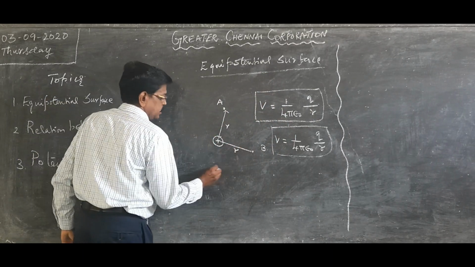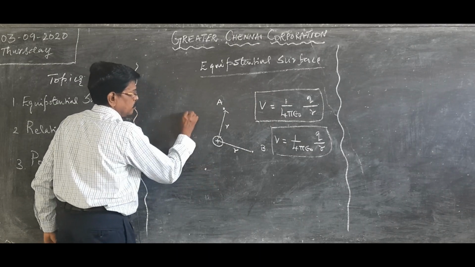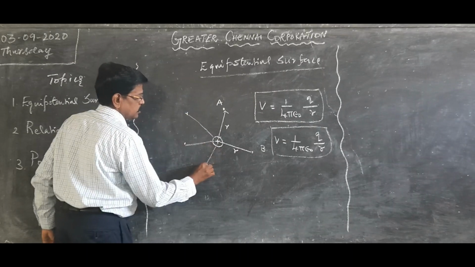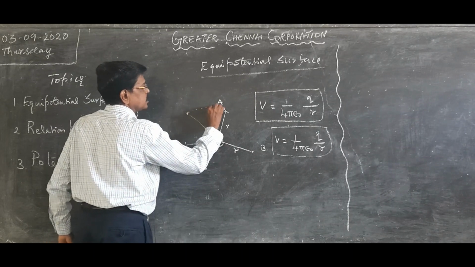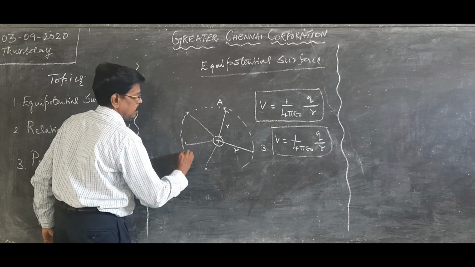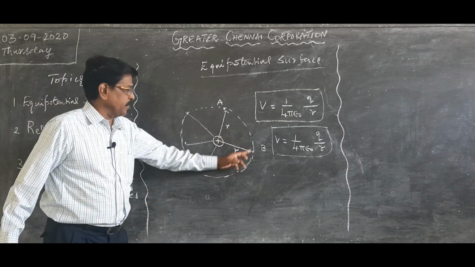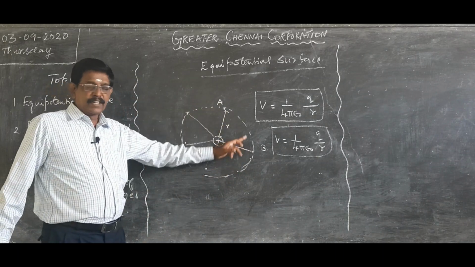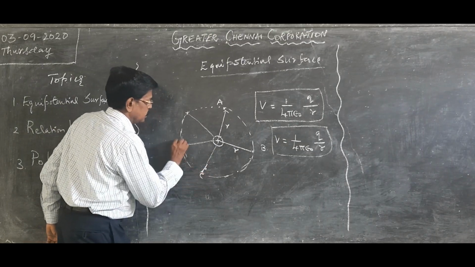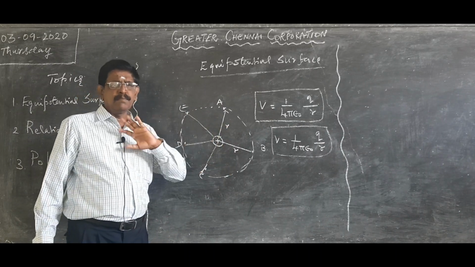Not only these points, if I consider the point here, say all are having the same distance, these points will have the same potential. Now this surface consists of different points A, B, C, D, E. All the points are having the same potential.